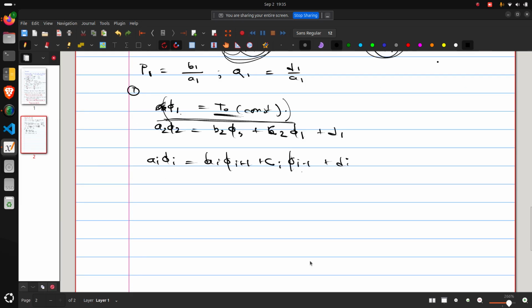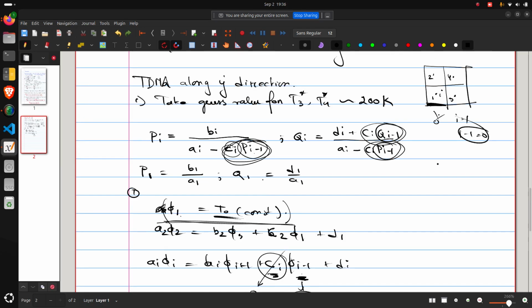Rather than an i minus 1 value, we will have some T naught value, that is some constant temperature value. So that is why we do not have any C value. We take C to be 0, and when we take C to be 0, these terms disappear.